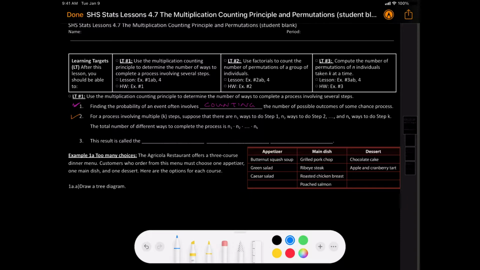The total number of different ways to complete the process is n1 times n2 times nk. Basically, you just multiply them. Step number 3, the result is called the multiplication counting principle. Okay?